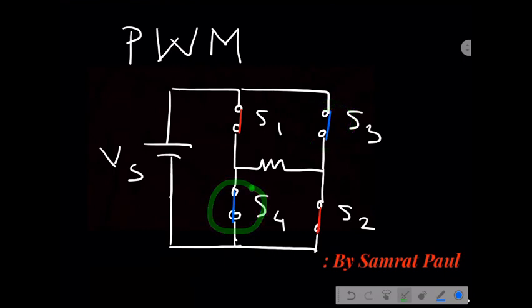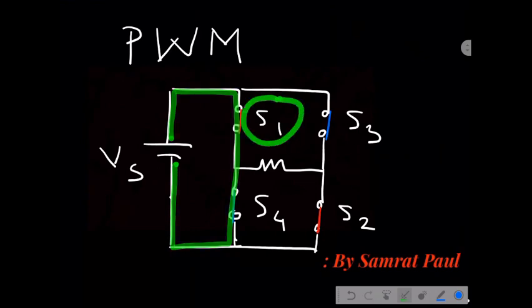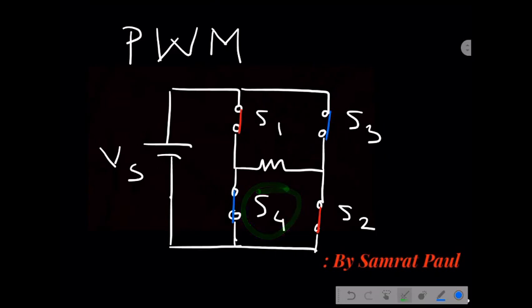But we can never apply the triggering pulse across switches S1 and S4 at the same instant, because then it will provide a short circuit path, and the switches will be damaged permanently due to the huge amount of current flowing through them.